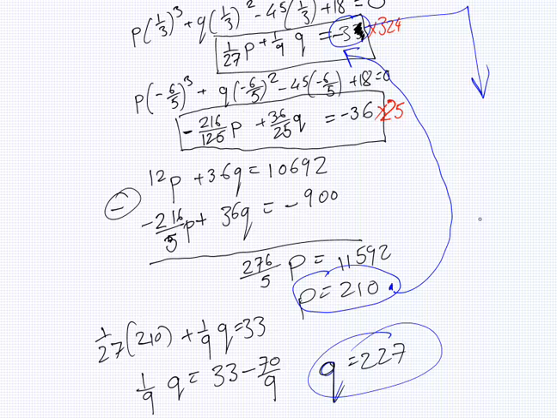So you have here 210 divided by 27 is 70 over 9. 1 over 9 times q equals 33 minus 70 over 9. So I get here q equals 227.